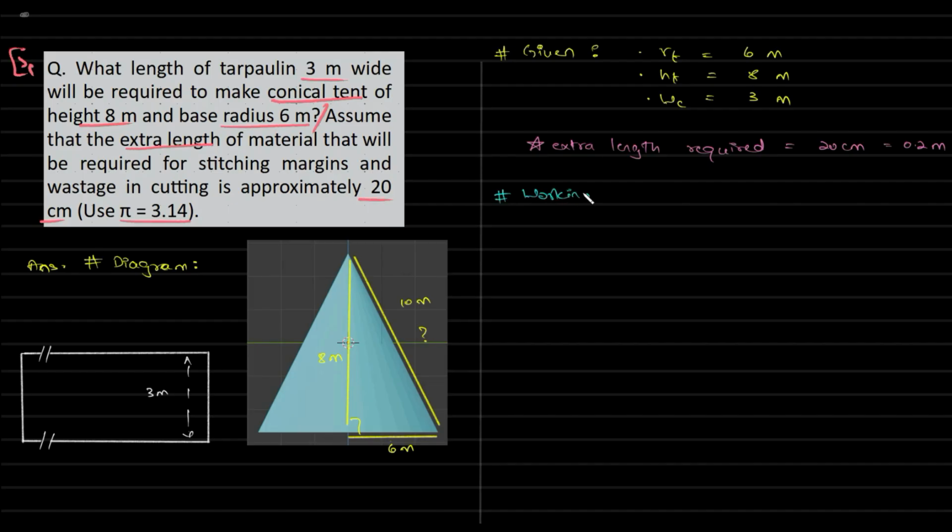So now the working. First thing is we need to figure out the slant height of the tent. That is the radius square plus height square as per your Pythagorean theorem.